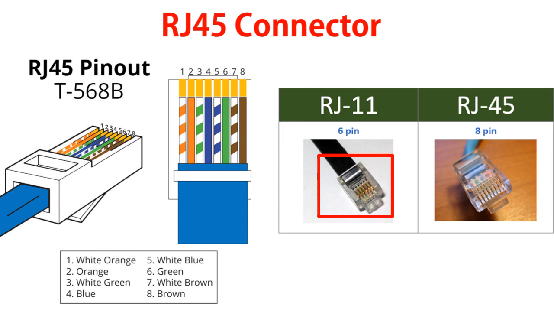The RJ45 has 8 small copper pins which come in contact with the copper wires, while the Ethernet cable is inserted and crimped inside the RJ45 connector.